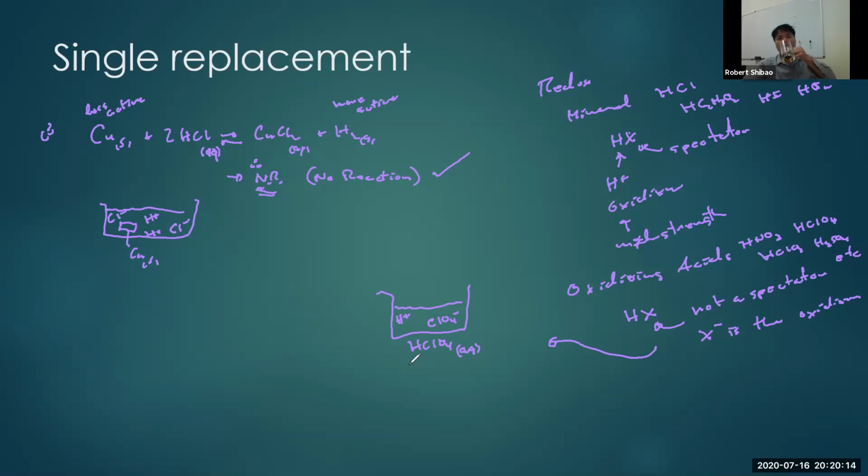Good, that's correct. And we look at it now. H plus wants electrons, right? What does perchlorate want? Does perchlorate want electrons, or maybe it's happy as is? Is perchlorate very happy in its current status?